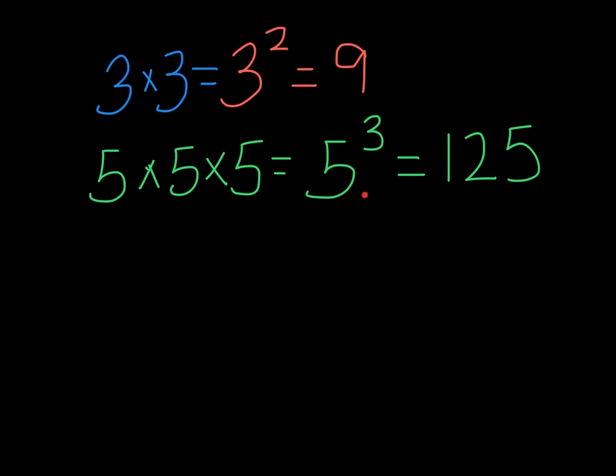Remember, this with the exponent is exponential form, and the answer here would be standard form. And then to review, this number here is our base, and this is our exponent.